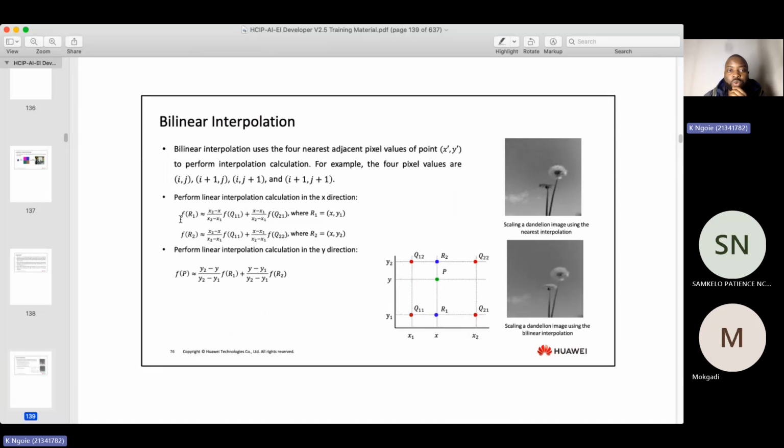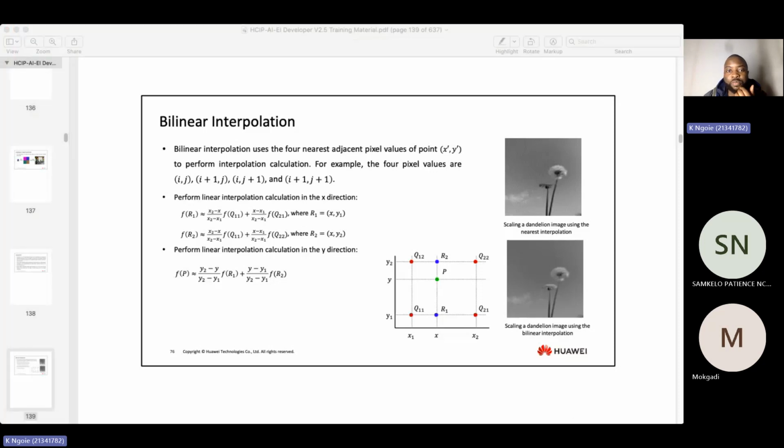You have your bilinear interpolation here, which follows a specific method. It uses the four nearest pixels, a 2 by 2 neighborhood, to compute a weighted average. The good thing about this is you have smoother images than the nearest neighbor method, but the problem is the image can be slightly blurry.